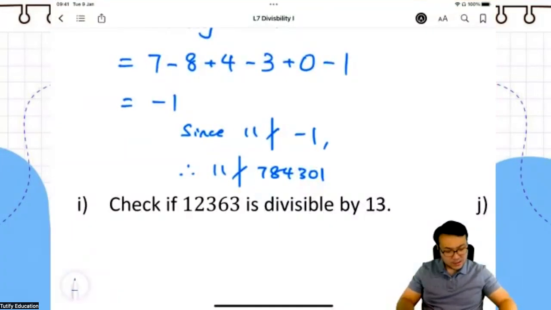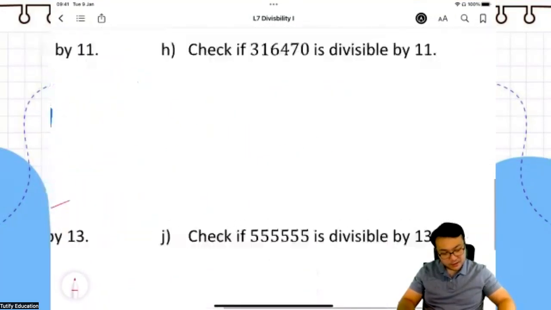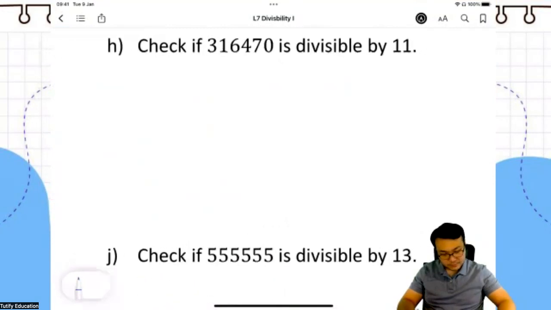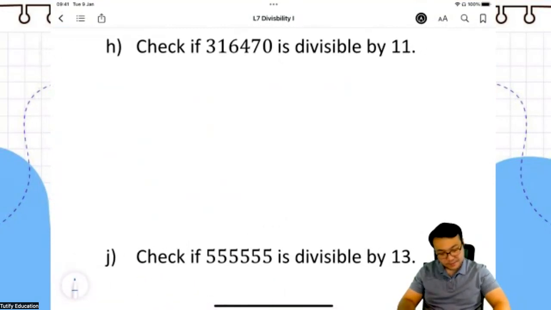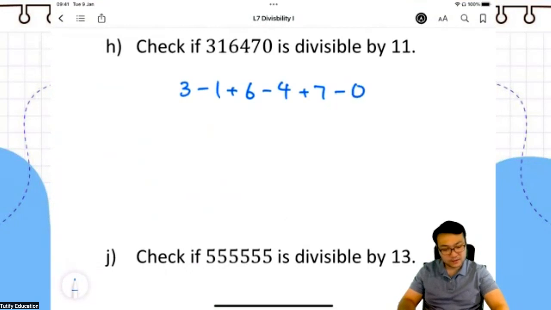Okay. Now, what about another example? Let's take a look at this one. Alternating sum: positive, then negative, positive, negative, positive, negative. And we are going to get 11.